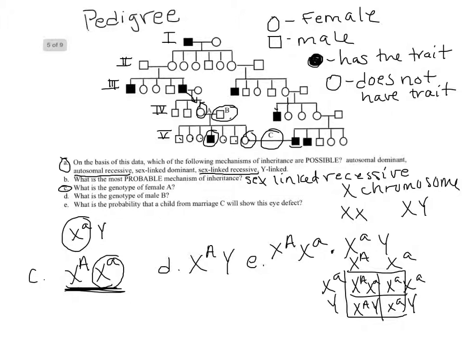So in this case, it is actually 50% of the females from that pairing would have the recessive trait, and 50% of the males from that pairing would have the recessive trait.